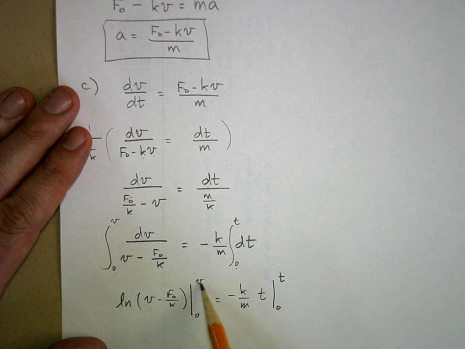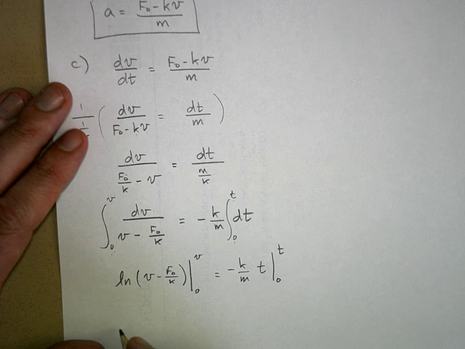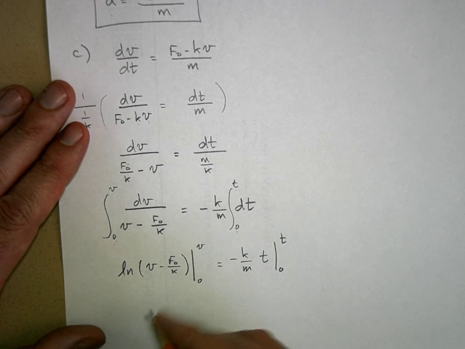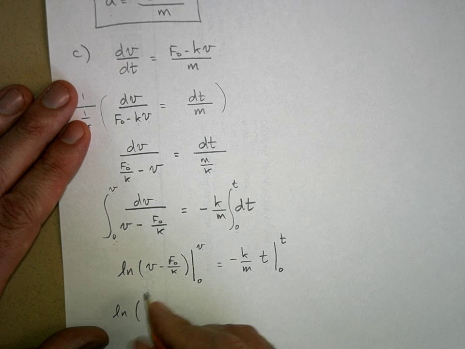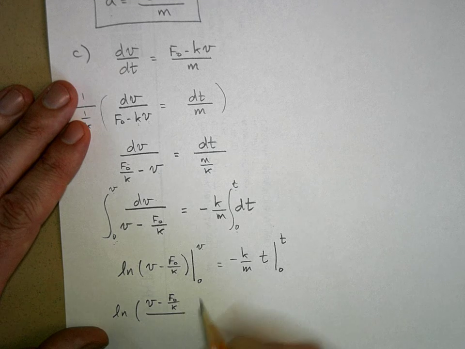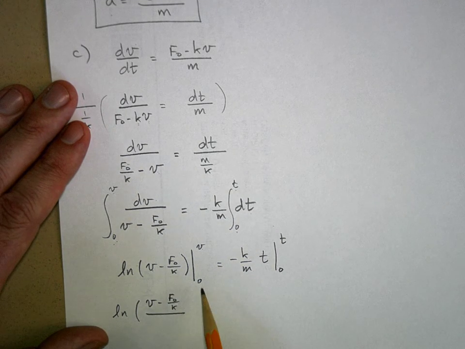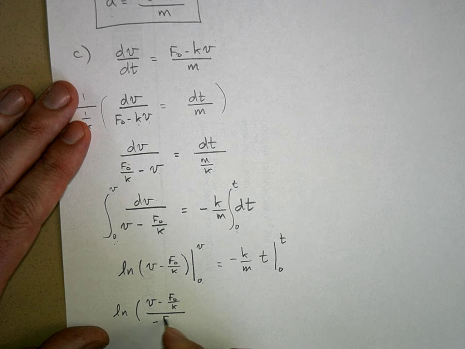Well, if I put in v here, and then you put in 0, I'm going to kind of skip through the natural log rules here, but what you end up with is the natural log of (v minus F naught over k). That's when you substitute in v. But when you substitute in 0 for v, you get negative F naught over k.